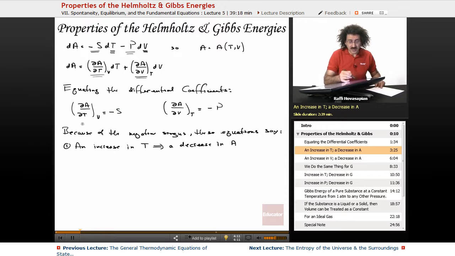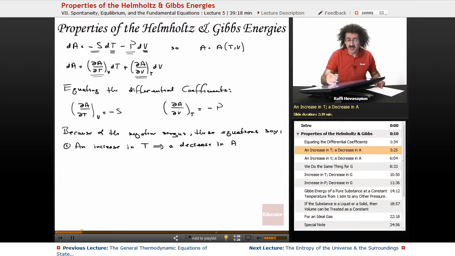Again, it's really important when you see equations like this, you're equating some value with a rate. It's very easy to forget that we're talking about a rate of change.